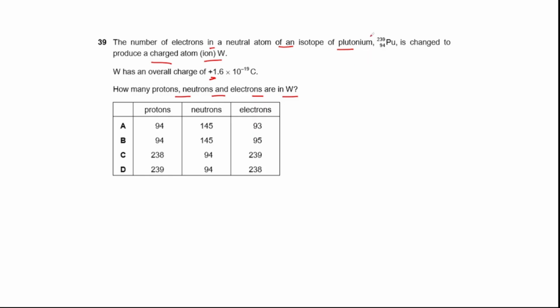For this neutral atom, the number of protons is 94 and the number of electrons is also 94. The number of neutrons is 239 minus 94, so that's going to be 145. After losing one electron, the number of electrons changes into 93, but the proton number and the neutron number stay the same. So the option A is the correct answer.